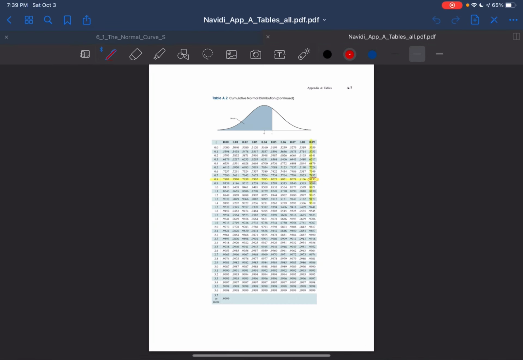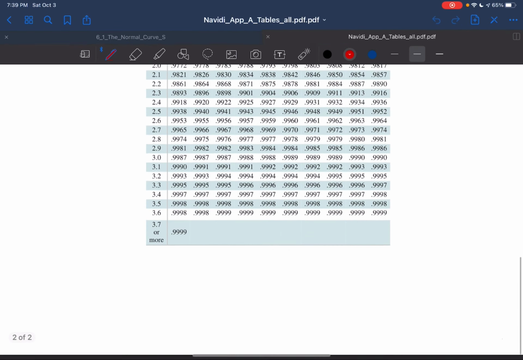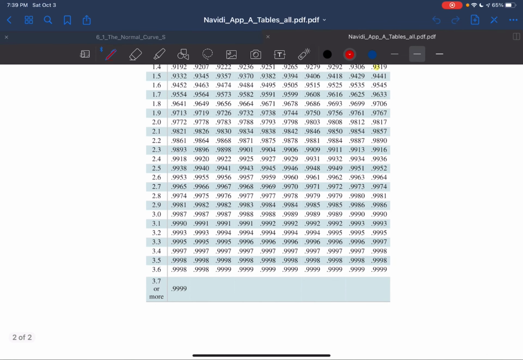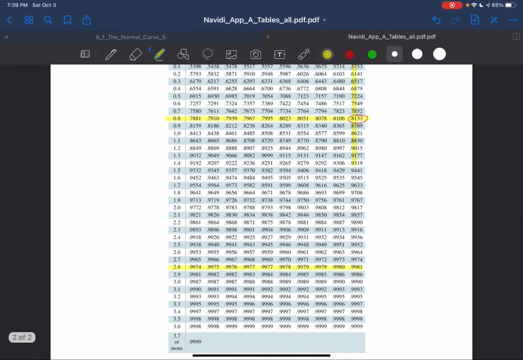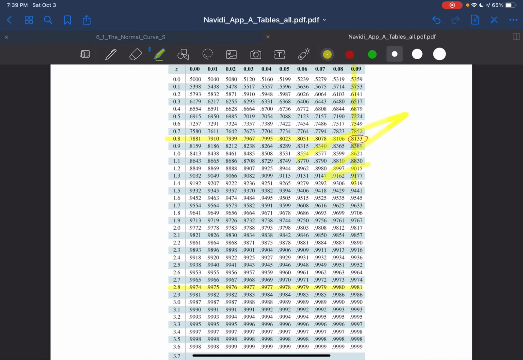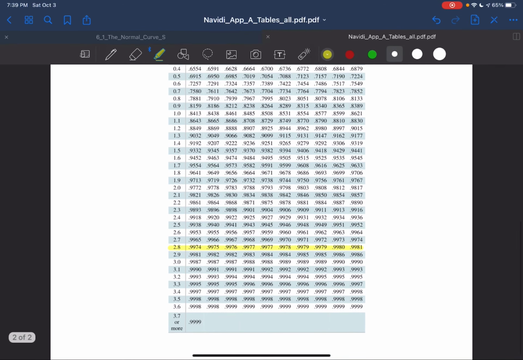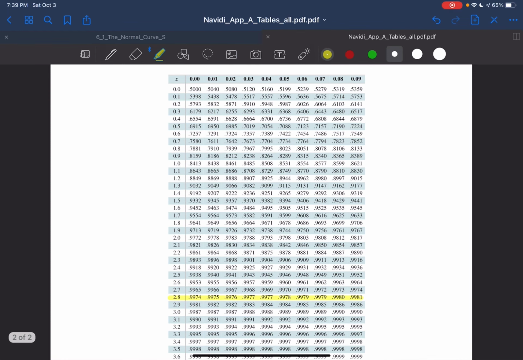We can use the table. This is the table. We have to look at 2.8 first, which is here, and then we have to look at 0.09, which is right here.